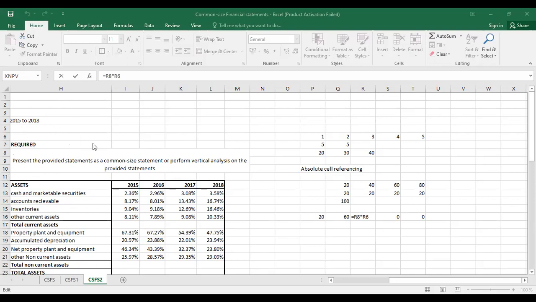So if you want to lock a particular row, you lock the number. But if you want to lock a particular column, you lock the letter. Yes, it is just that way. So practice on cell reference.